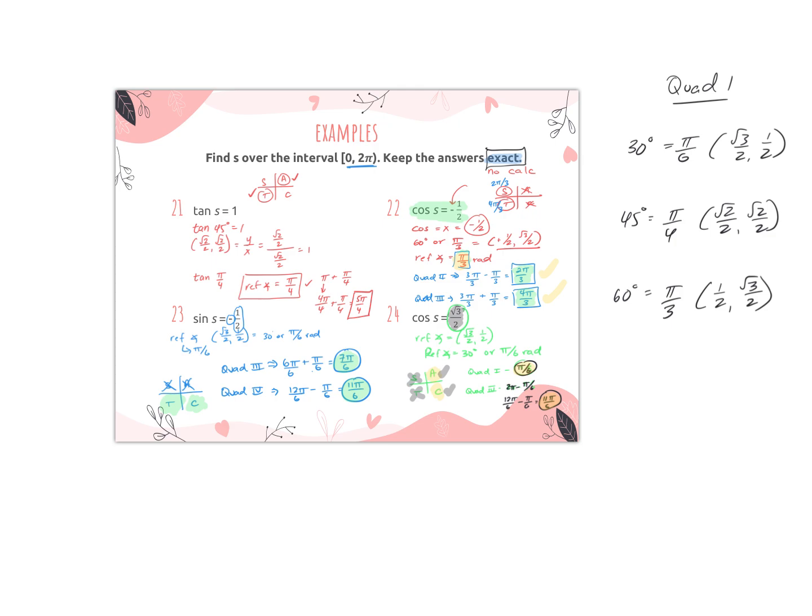If somebody tells you the sine is a half, you know the y value is the half. It's got to be 30 degrees. If the cosine is a half, then it's got to be 60 degrees or pi over 3. If the sine is radical 2 over 2, it's got to deal with 45 degrees. And then you focus on the quadrants and the positive and negative after, once you know exactly what angle you're working with.